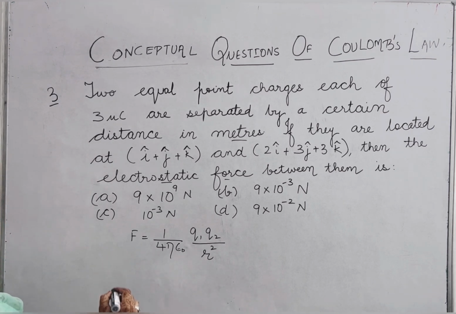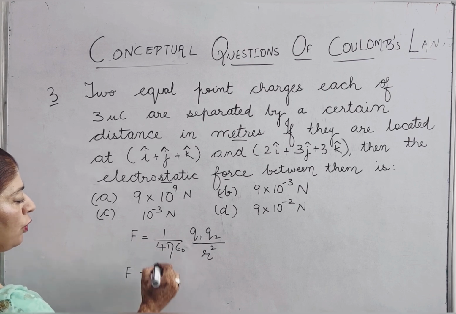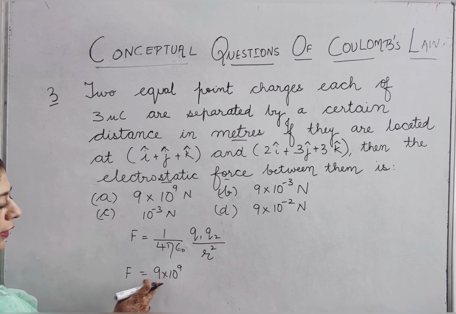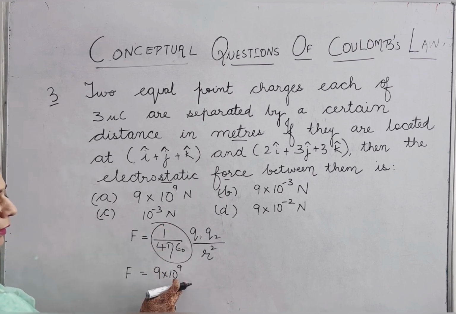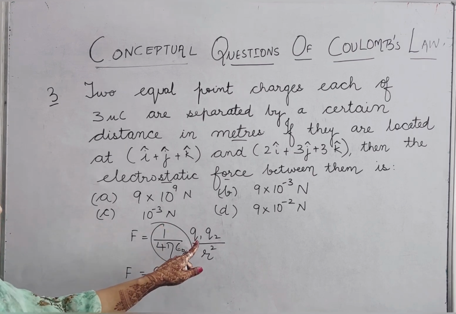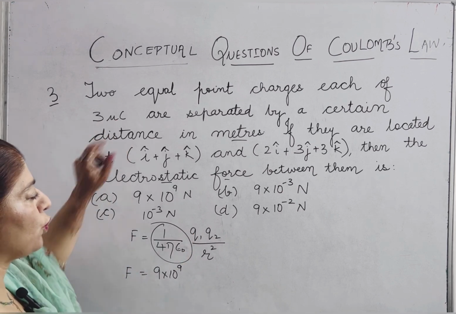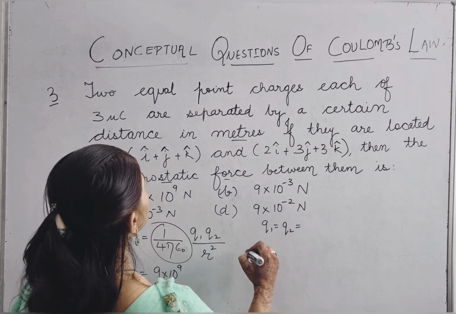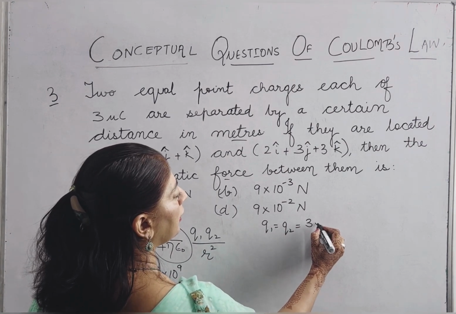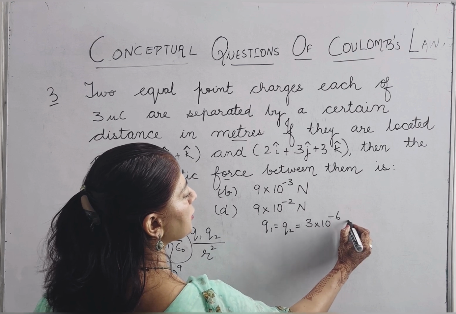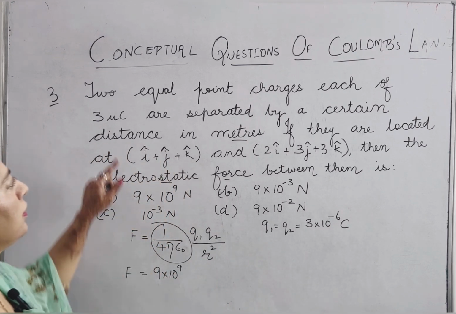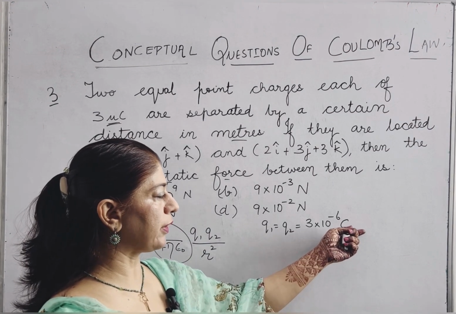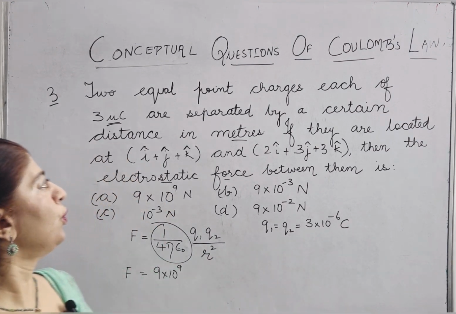Now, putting the values, F is equal to 9 into 10 power 9. Putting the values of pi and epsilon naught, we get this value 9 into 10 power 9. Now, the charges are 3 microcoulomb each. It means Q1 is equal to Q2 is equal to 3 into 10 power minus 6 coulomb. Here I have converted micro into 10 power minus 6, and this is converted into coulomb.